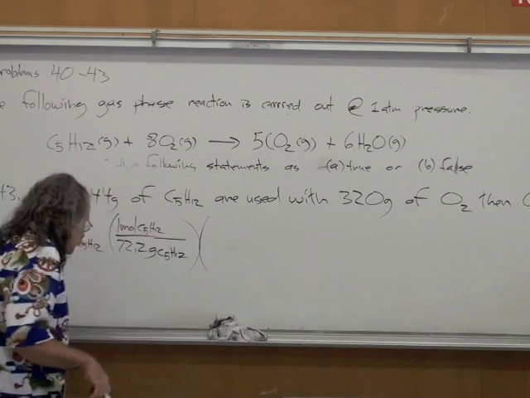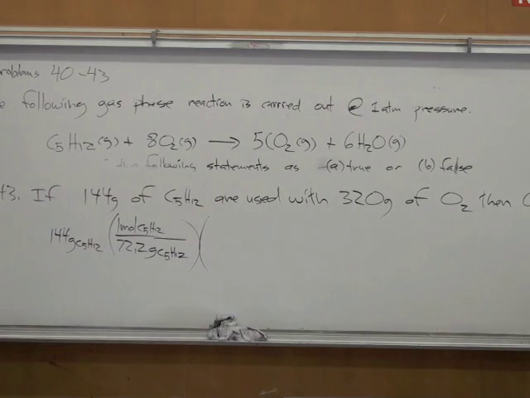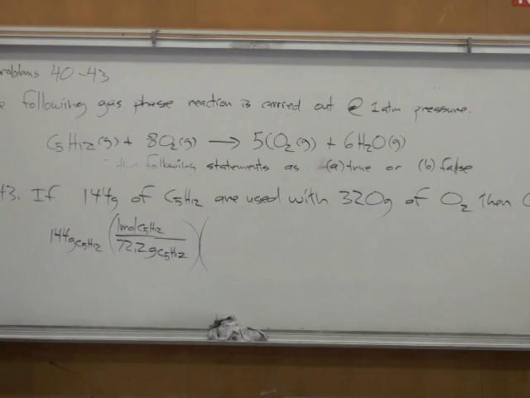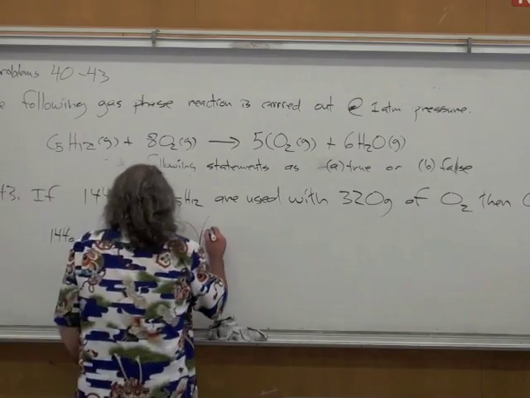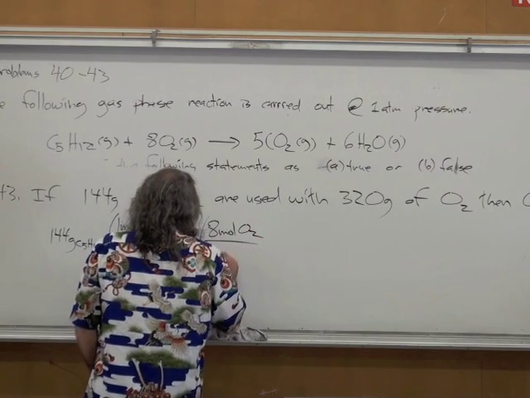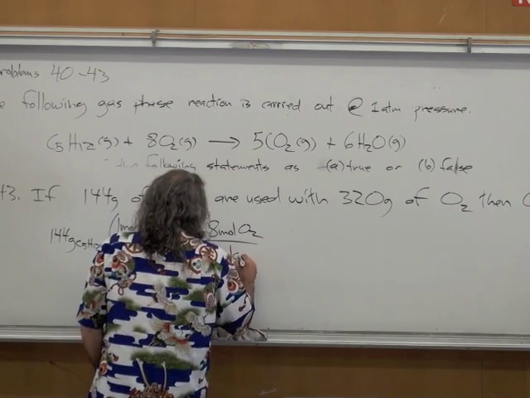And now I'm in moles of pentane. I need to go from moles of pentane to moles of what? Well, the question asks me about oxygen, doesn't it? So I'm going, how many moles of oxygen are there? There's 8 moles of O2 for every 1 mole of pentane.